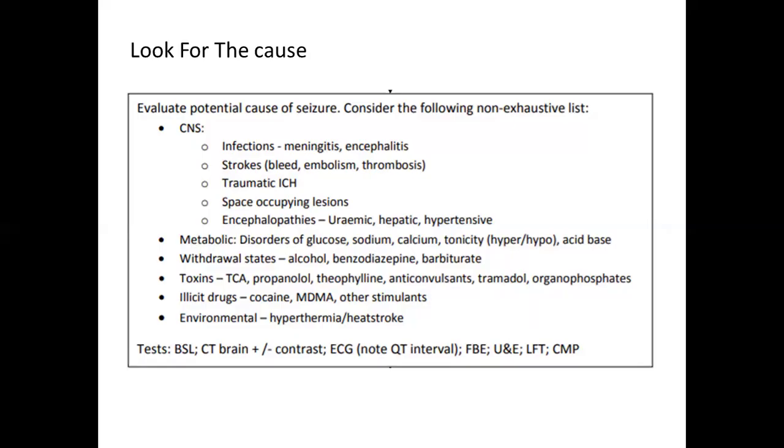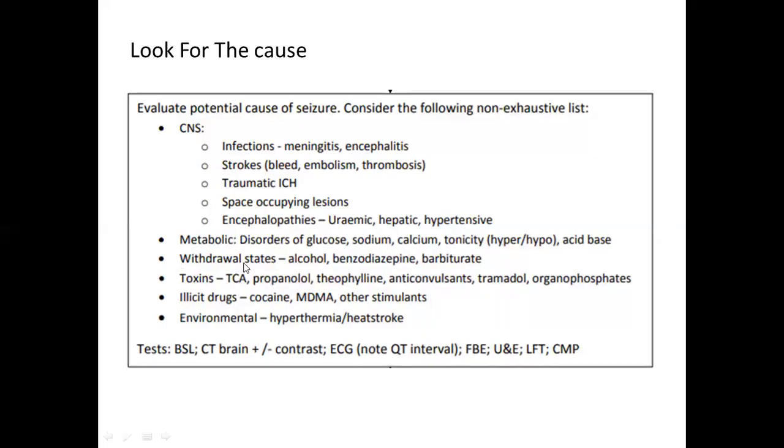Looking for the cause: what are the possible causes underlying the status? There are many causes. CNS causes, brain causes: infection, meningitis, encephalitis, strokes, ICH, SOLs, and encephalopathies like uremic, hepatic, hypertensive encephalopathy. Metabolic causes like glucose, sodium, calcium issues.